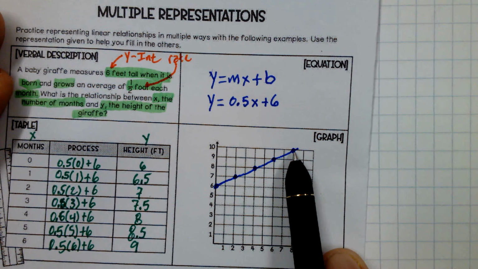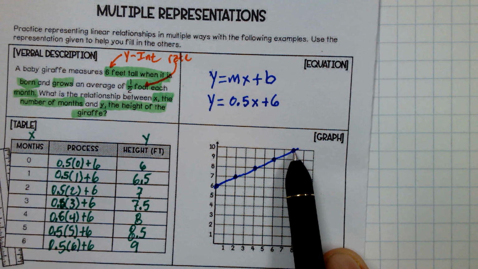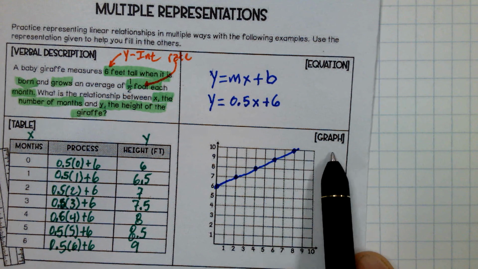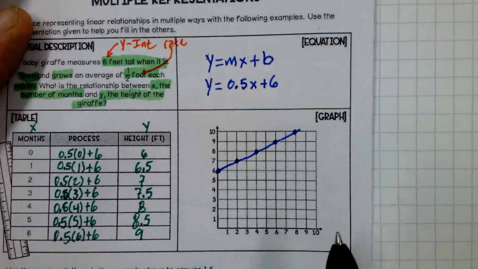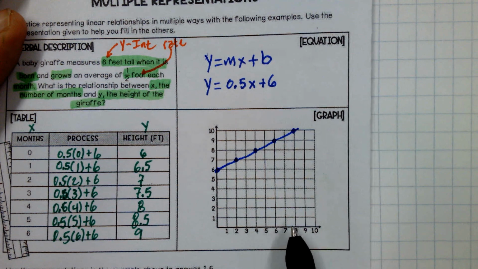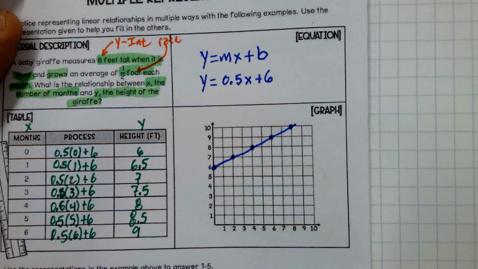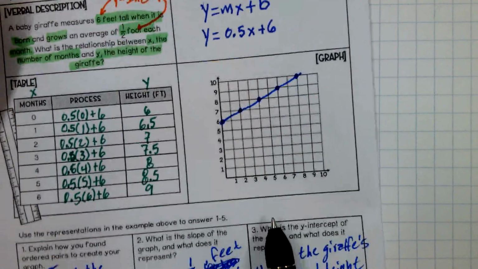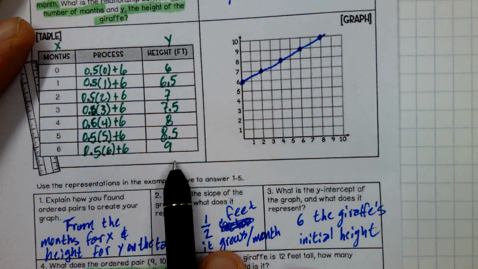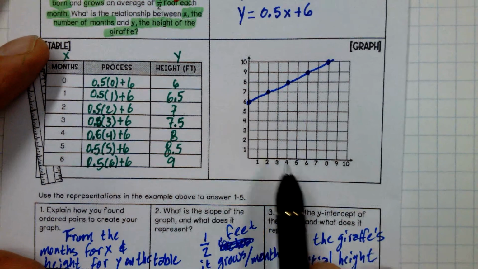So it has to grow 2 more feet. How many months would that take? Yeah, it's going to be another 4 months that we have to add to the 8, so it's going to be 12 months. You got all these tools now to figure that out.